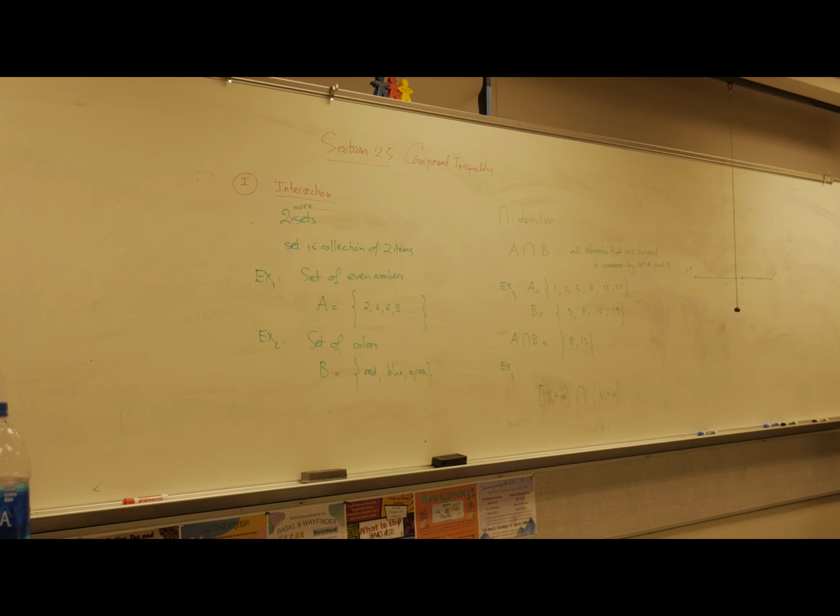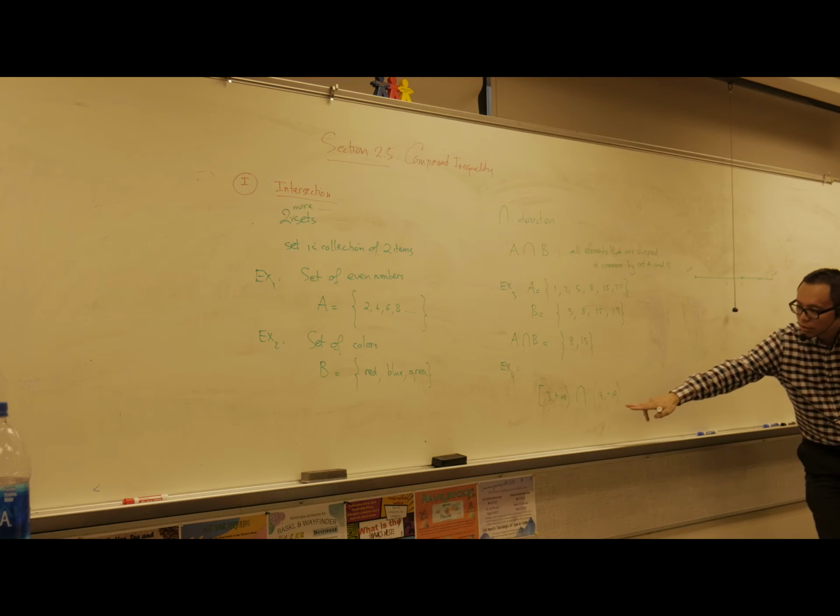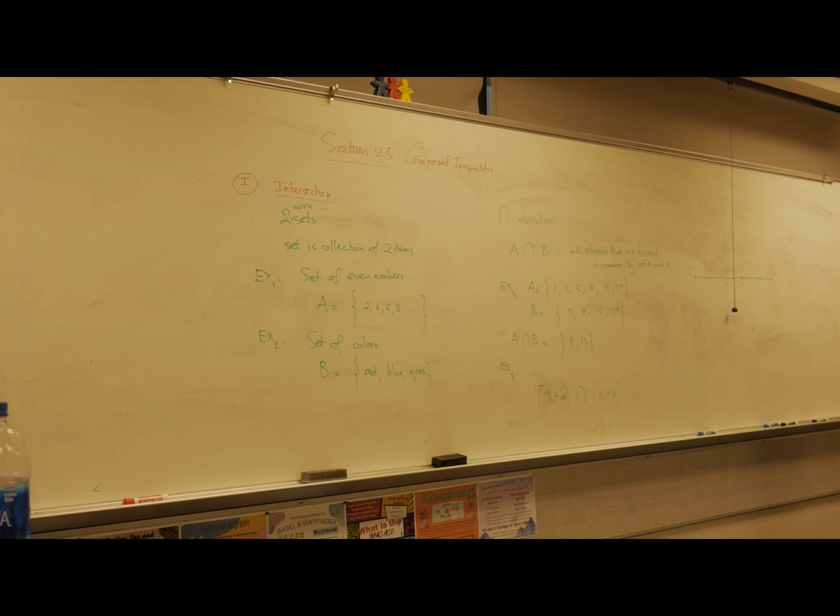Alright. So intersection means what? Intersection means that we have to find something that's shared in common. Now let's do the graph for this interval notation. So let's do it on the same number line, because when you do that, then you can see where it's overlapping each other. So let's see, I'm going to put 8 over here.